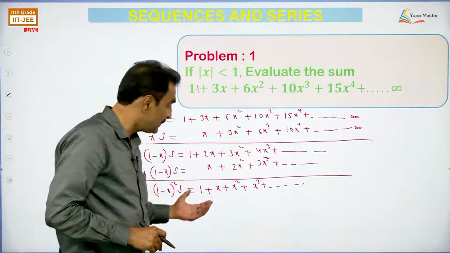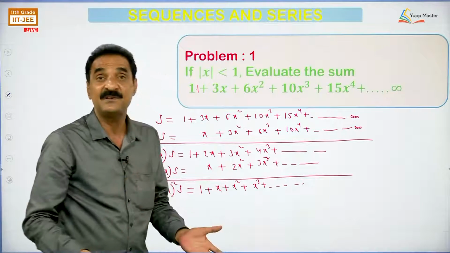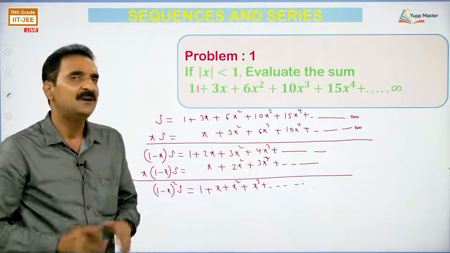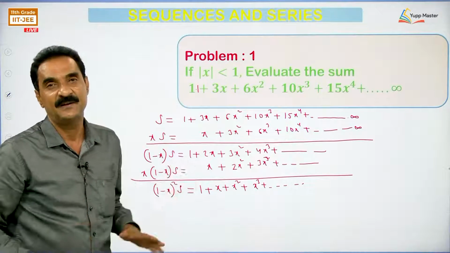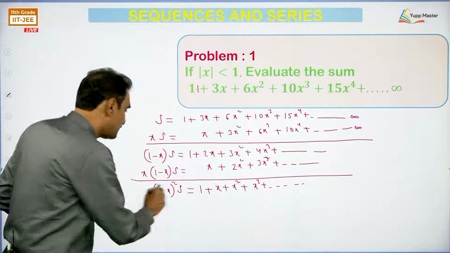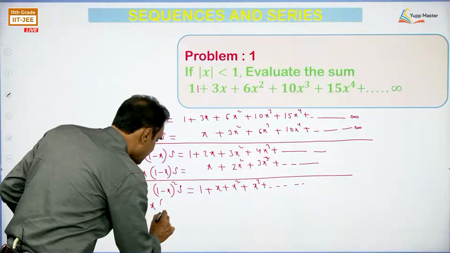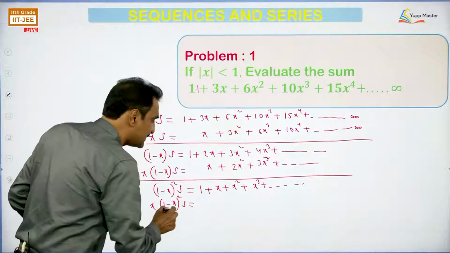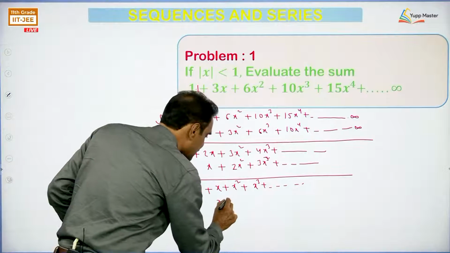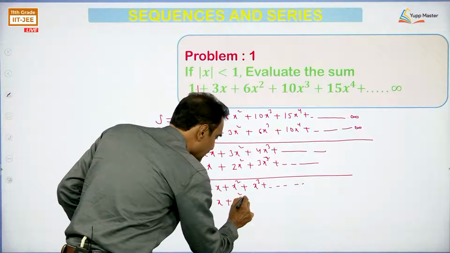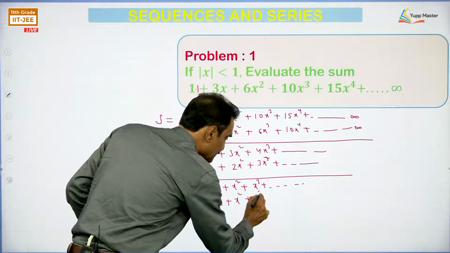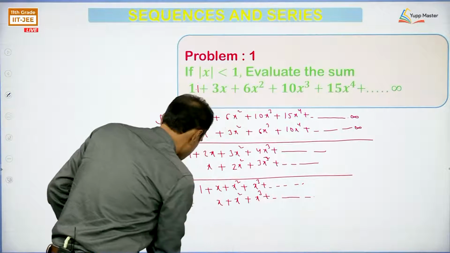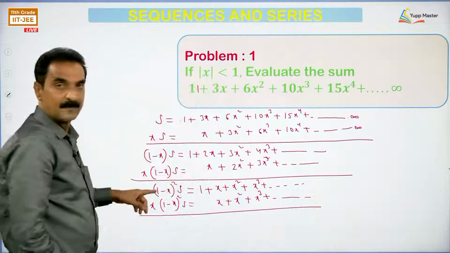Suppose you don't remember the formula for the sum of an infinite GP also. No issue. Still you can find it. Repeat the method. Multiply both sides by x. x into 1 minus x whole square into S is equal to 1 into x, x square, x cube and so on. Then subtract.